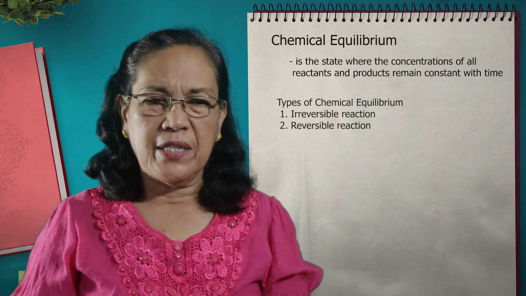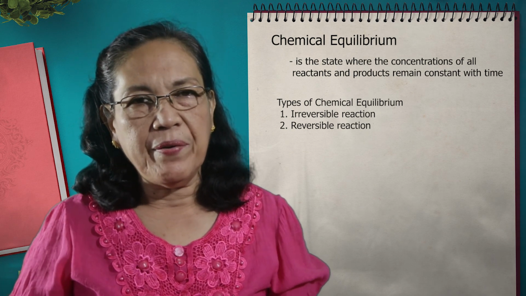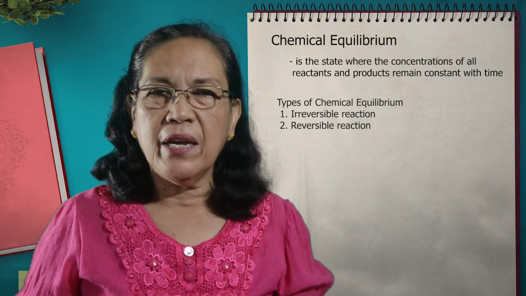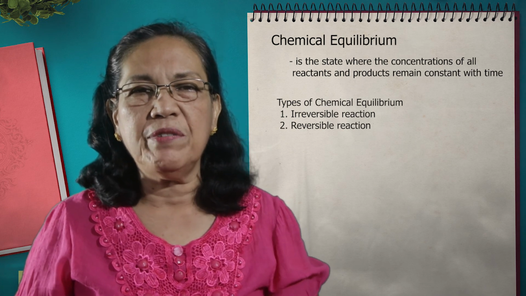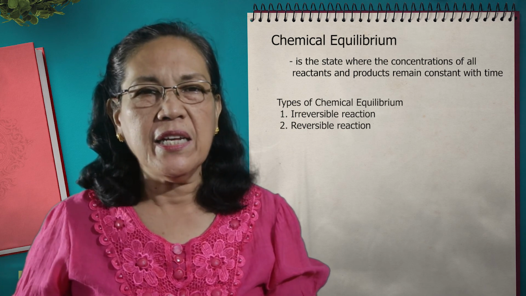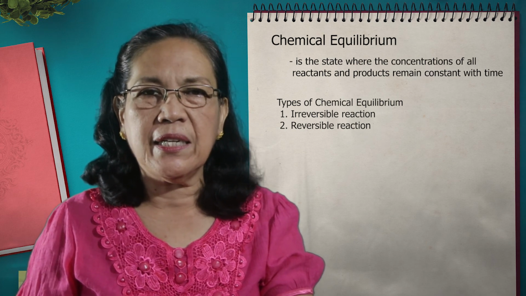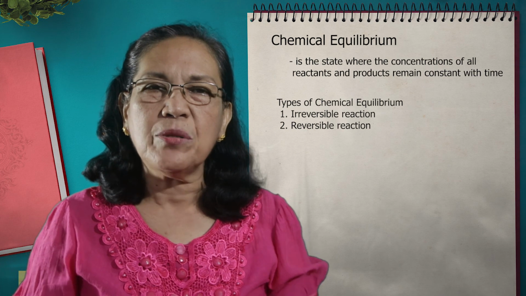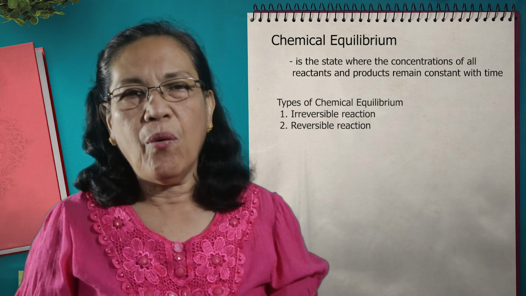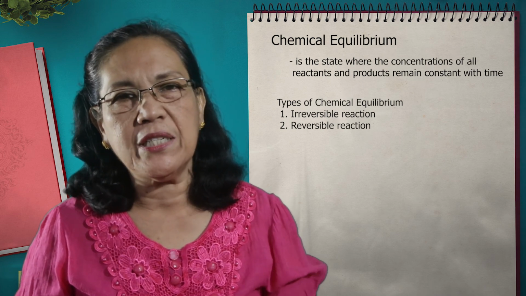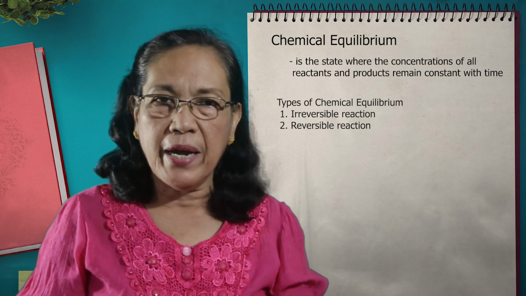So this is given the general pattern: if the reactants are A and B, forming the products C and D, these products C and D will form back the reactants A and B. That's why this is represented by a double arrow, one arrow pointing towards the left and another arrow pointing towards the right.